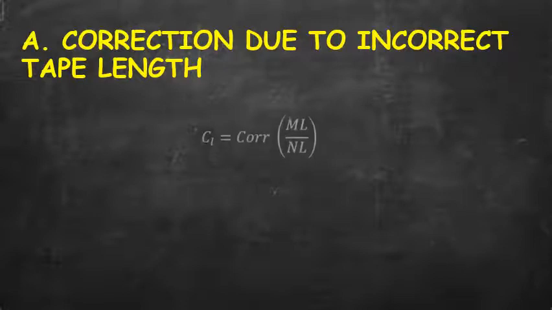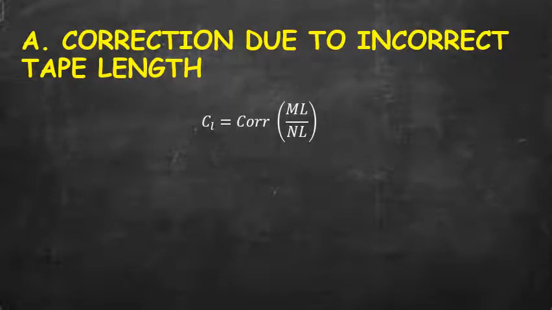So this is the general formula. The correction C sub L is equal to TL minus NL times the measured length over the nominal length of the tape. So the C sub L is the correction to be applied on the measured length. We have the ML as the measured length, plus or minus, because we don't know if the computed C sub L is positive or negative.